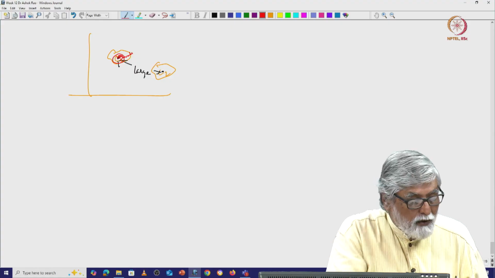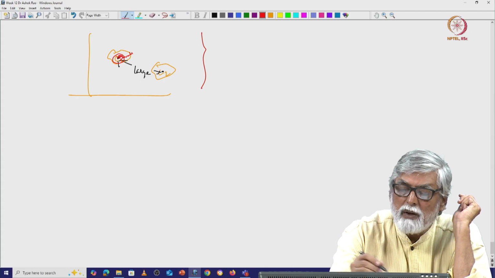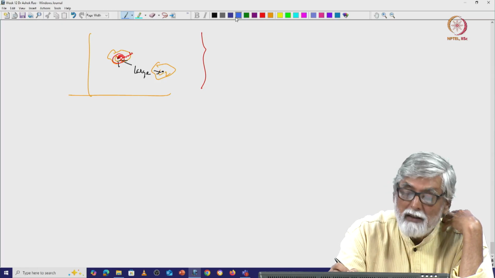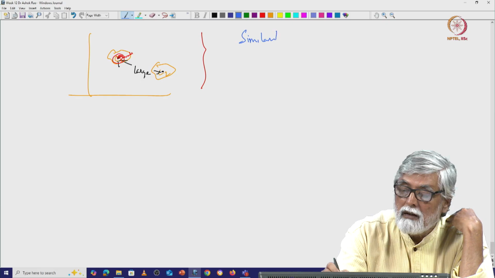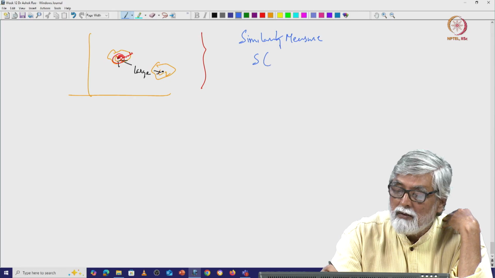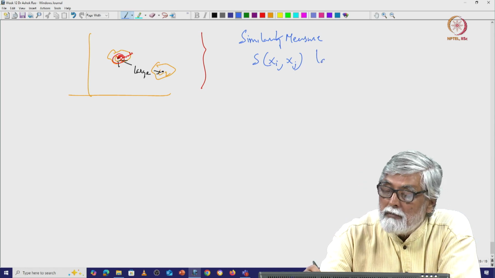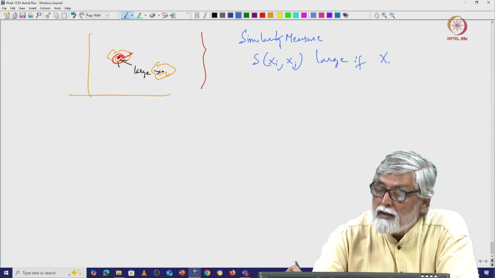Okay. So, how do we go about doing this? We also use what is called a measure of similarity. So, you call similarity measure S(xi, xj), two data points, it could be vector, it could be matrices, whatever, must be large if xi and xj are similar.